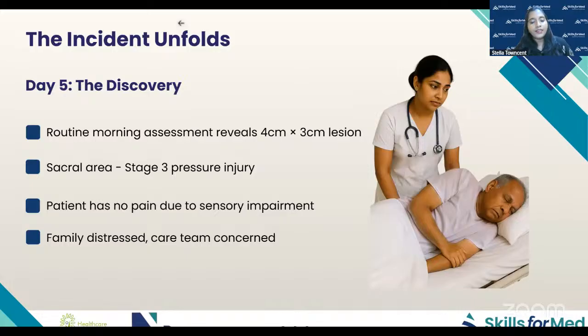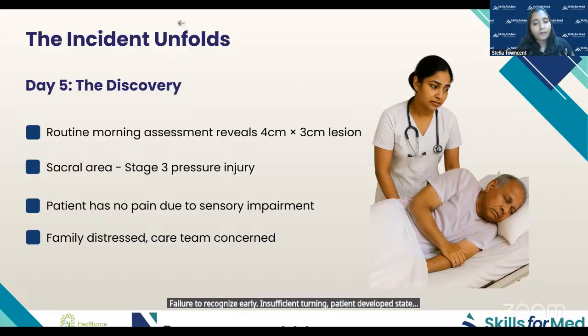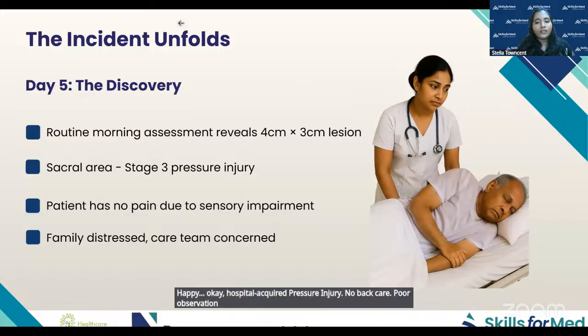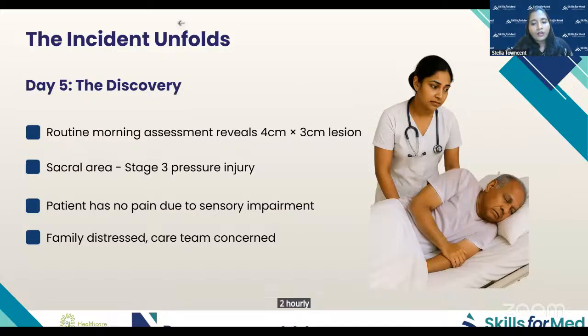Failure to recognize early, insufficient turning, patient develops stage 3 pressure injury. Hospital acquired pressure injury. No back care. Poor observation and lack of positioning. Thank you so much. Position didn't change two hourly, and failure of routine back care.